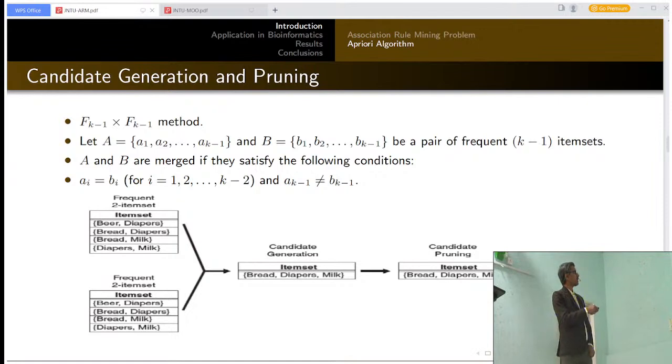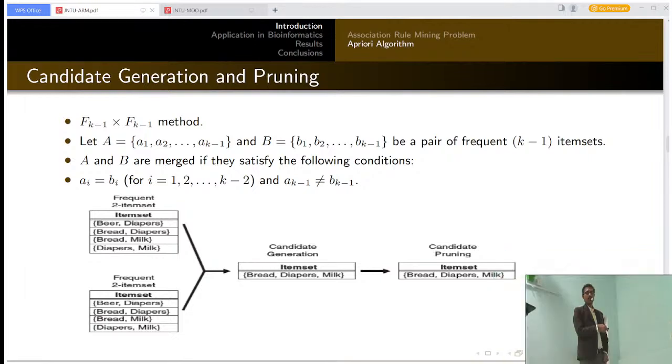That means we generate the 3-itemsets from the 2-itemsets only. Basically, suppose we have 2 (k minus 1)-itemsets, one is a1 to a(k minus 1) and one is b1 to b(k minus 1). These can be joined together if, except the last item, all the items before that are the same and the last items differ.